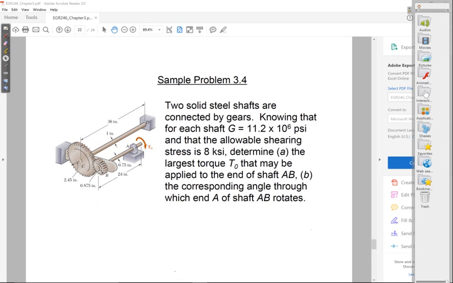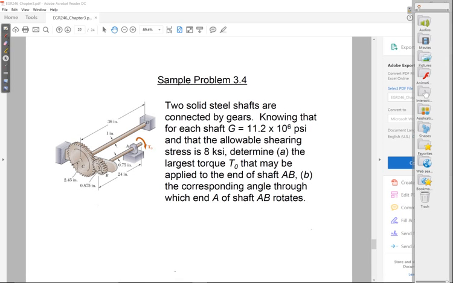So that's the first thing. You have to work your way backwards, essentially. You basically look at CD and say, okay, C is going to rotate based on TL over JG. So I need to know how much torque is going to be applied to shaft CD, and then I use that torque to find how much C is going to rotate by.